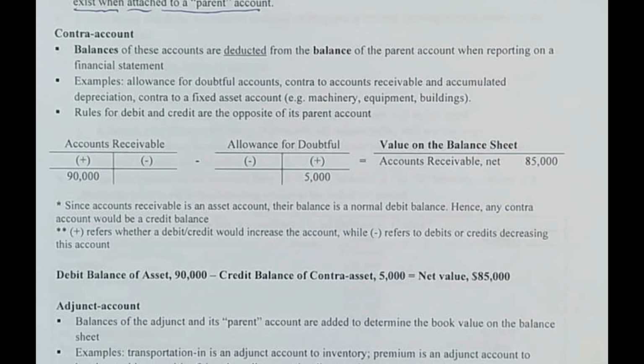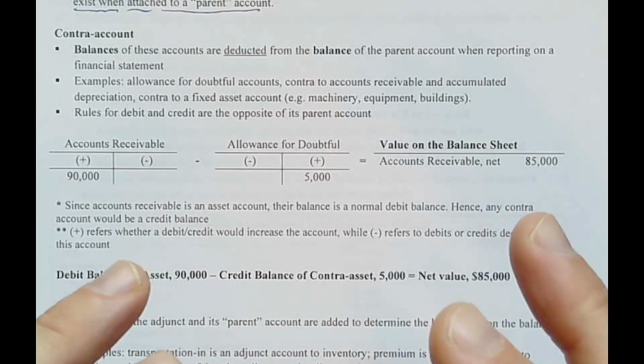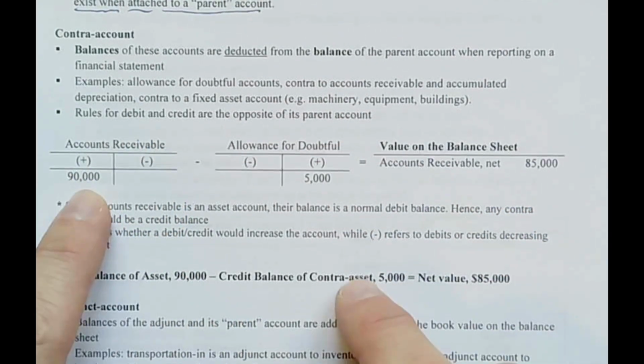So here we are ultimately subtracting, which sounds like it might be counter to what I just said, but we're not subtracting within an account. We're looking at two separate accounts: accounts receivable at 90,000, and we're subtracting off the credit balance of its contra account.